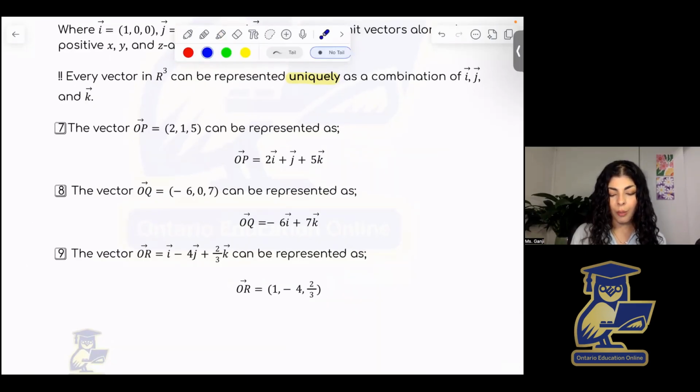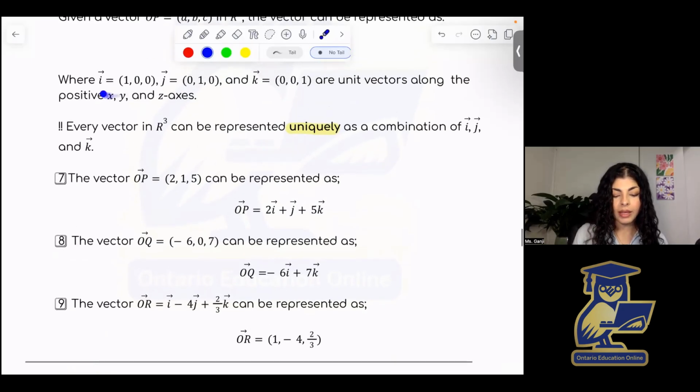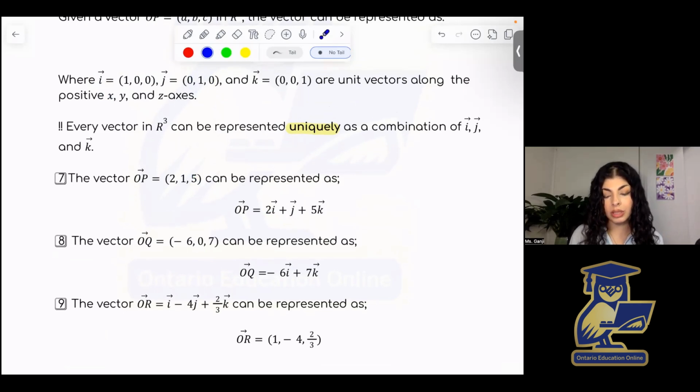So starting with vector OP, which is given by 2, 1, and 5. The 2 tells me that I have to multiply the unit vector i by 2, so 2i. This one is the same as j, so just plus j. And then I have a 5 in my z component, so this is 5 times the unit vector k.